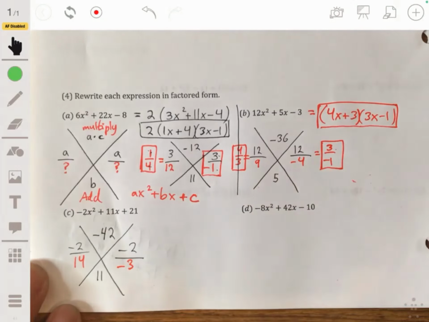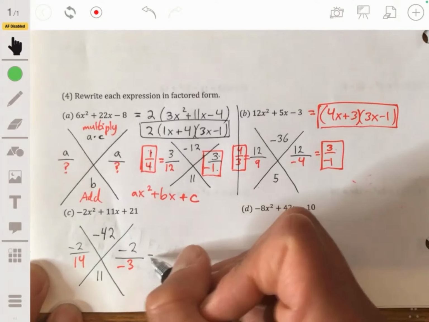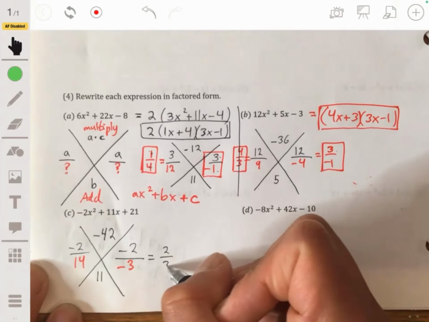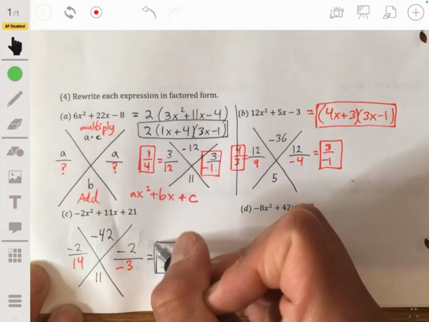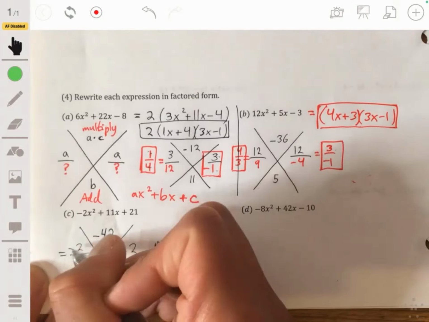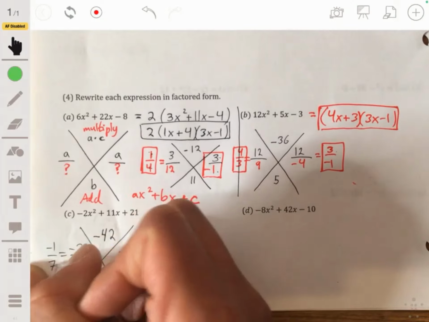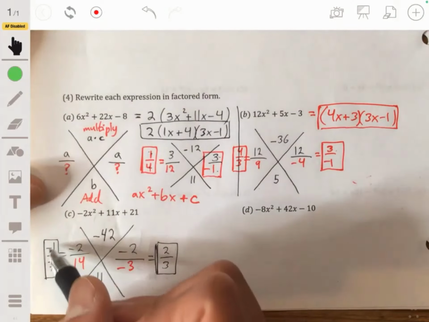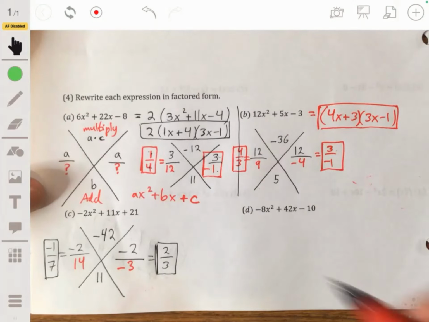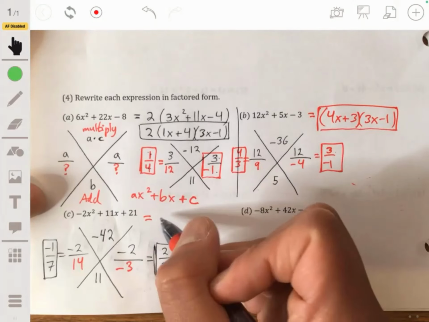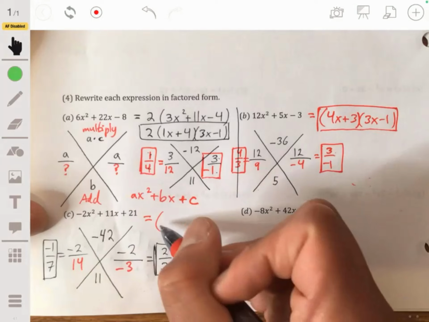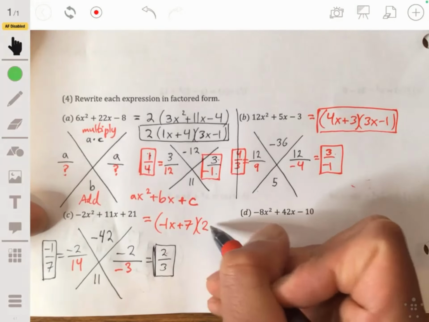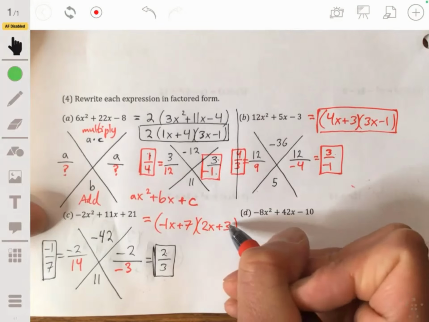All right, so then making these both positive, we're going to use 2 over 3. Reducing this becomes -1 over 7. And so we're going to use these four numbers. And so this will be equal to -1x plus 7 times 2x plus 3.